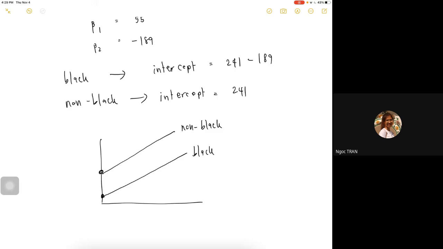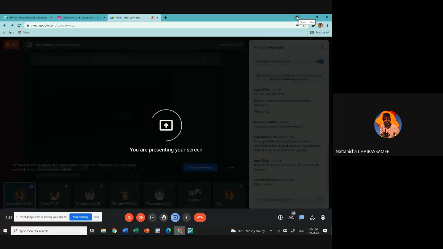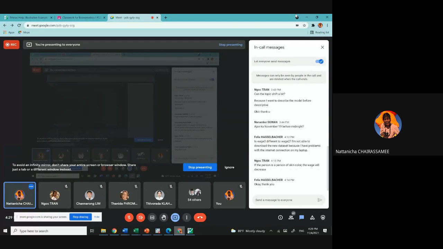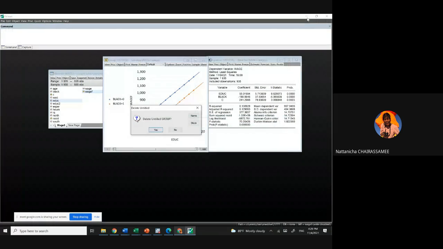Okay, so if you don't have any questions, I would like to do something more complicated. Now you have already added a dummy variable, right? I would like to show you how you interact dummy variables together.